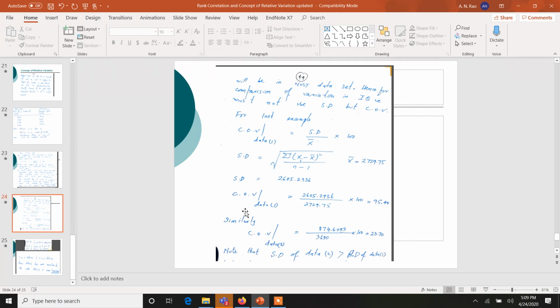So the coefficient of variation of data 1 is much higher than the coefficient of variation of data 2. So we will say that there is more variation in data 1, right?